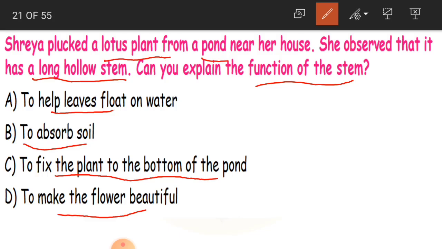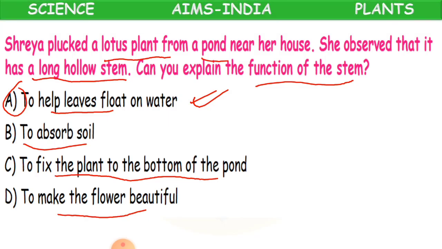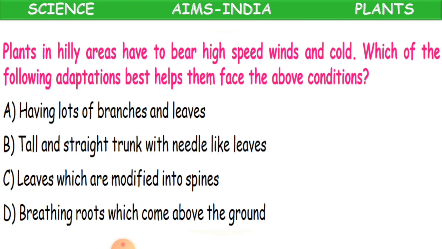Okay, what happens with this stem children? What does it do? It helps the leaves to float on the water. So that is why A is our correct answer. Clear children? Now the fourth question.